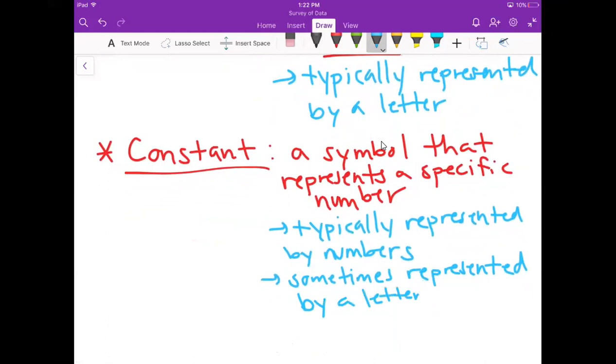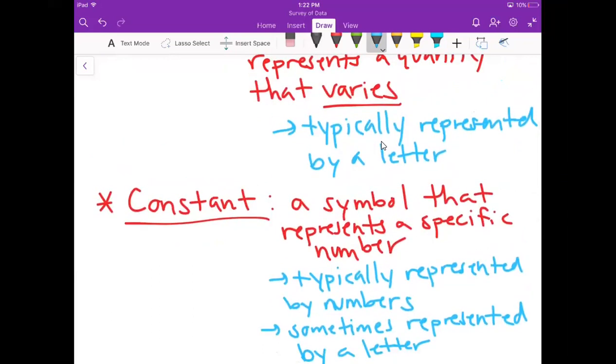Whereas a variable cannot be represented by a number, because if it was a number, it wouldn't be varying. It would be that exact number. So variables will always be represented by a letter, whereas with a constant, sometimes you have to look closer into the context to see exactly what that symbol is representing.